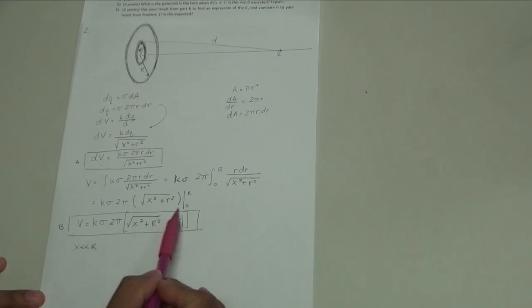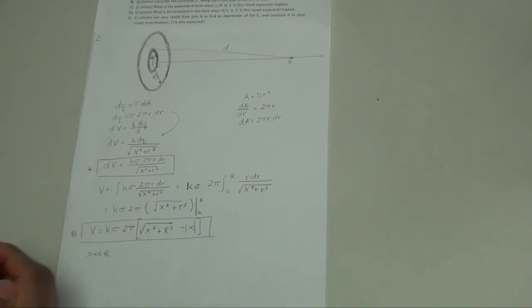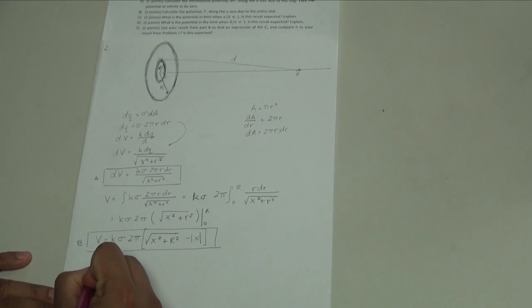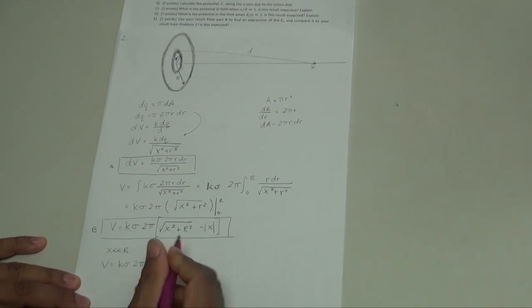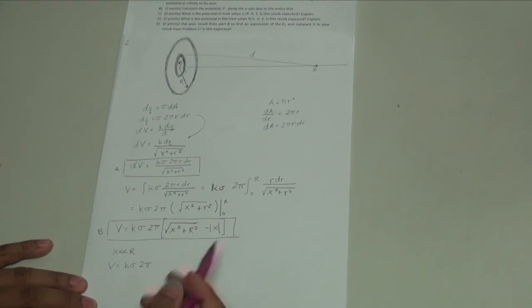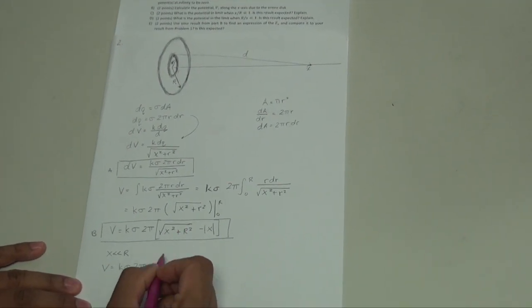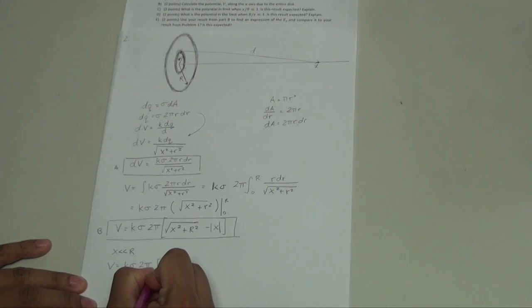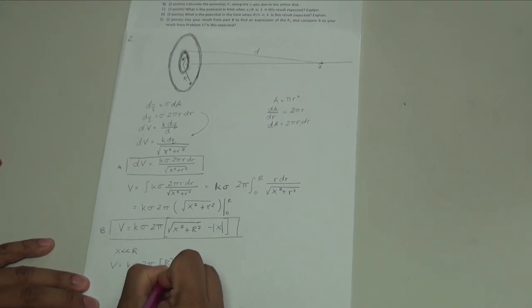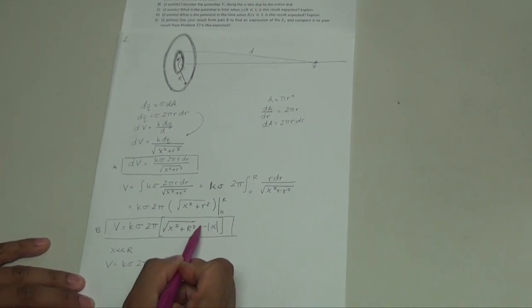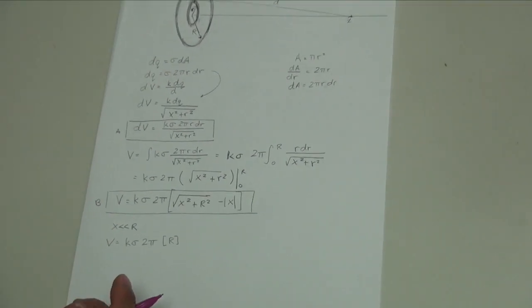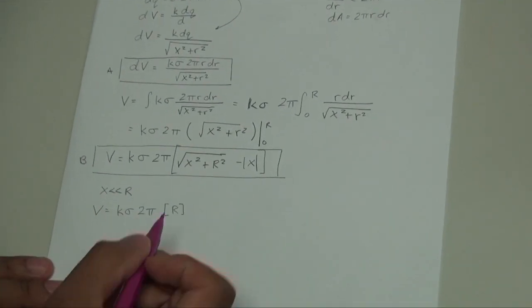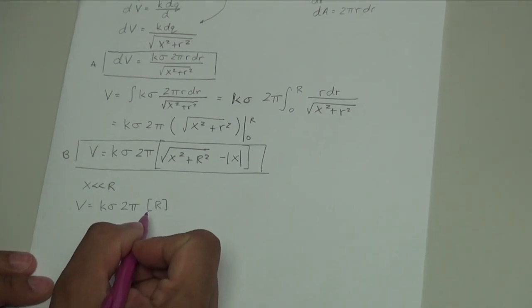When we plug it into this equation, it becomes, now remember, x is 0, so the square root of R squared will be the absolute value of R. And x again is 0 here, so it's minus 0.